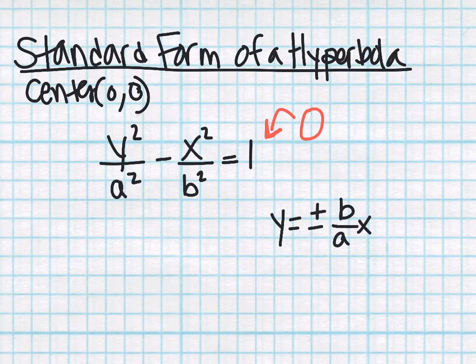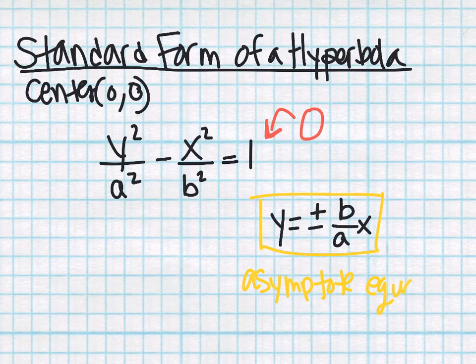So this is a linear equation, and it's got a y-intercept of 0, so there's no term being added to this x term. So these are just linear equations for our asymptotes. And this is only for center at 0, 0. If we shift our center to h, k, then it changes what this is.